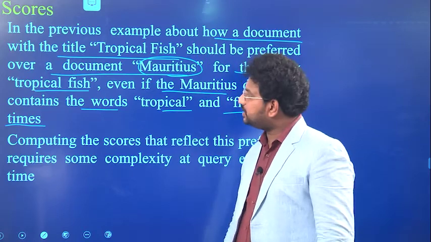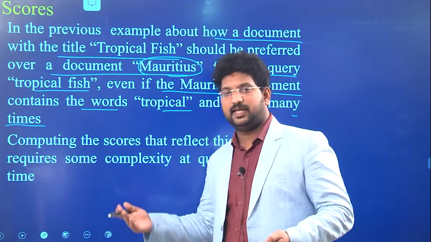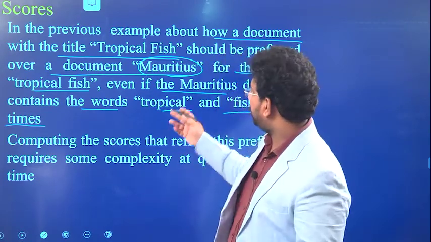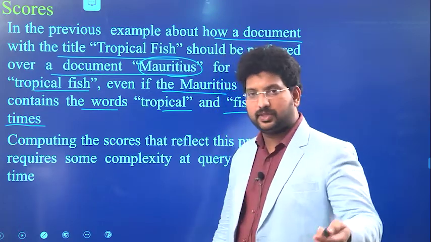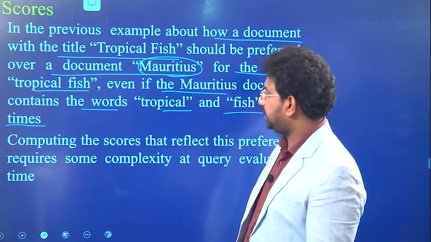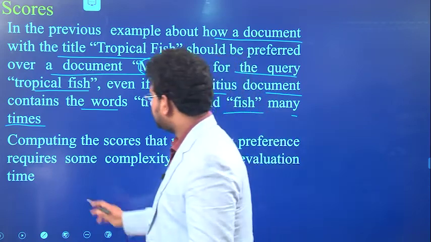So even though the title does not match, it will identify the words tropical and fish in the document Martius, through the repetition of tropical and fish many times in the document. So obviously the score is higher.